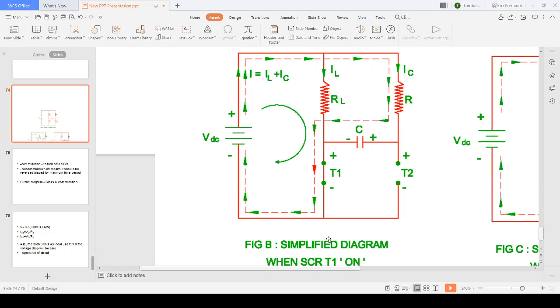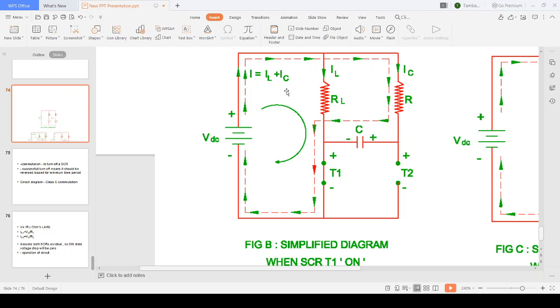Now consider the operation of this circuit. In this operation, you can observe that some notations are provided. This is a DC voltage supply. I is current. This current is equal to IL plus IC.